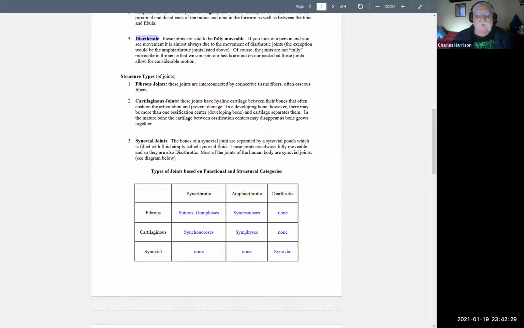Most of the joints of the human body are synovial joints. Since these are the ones that are freely movable, it goes along with what I said a moment ago that most of the freely movable joints in the body are synovial joints and diarthritic or diarthrotic, either way you want to say it, joints.